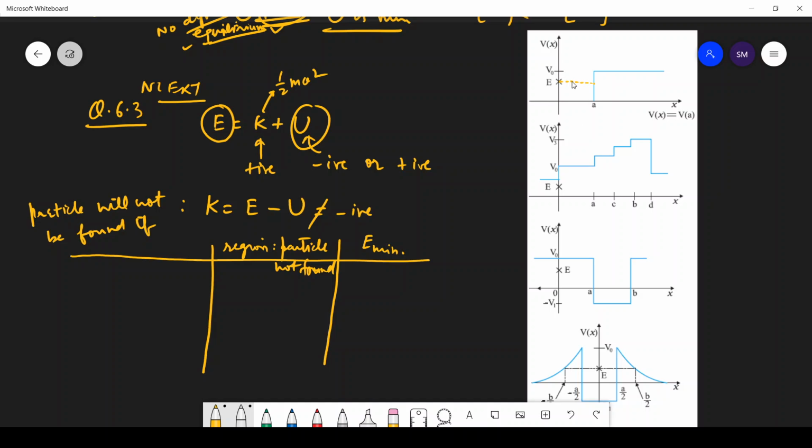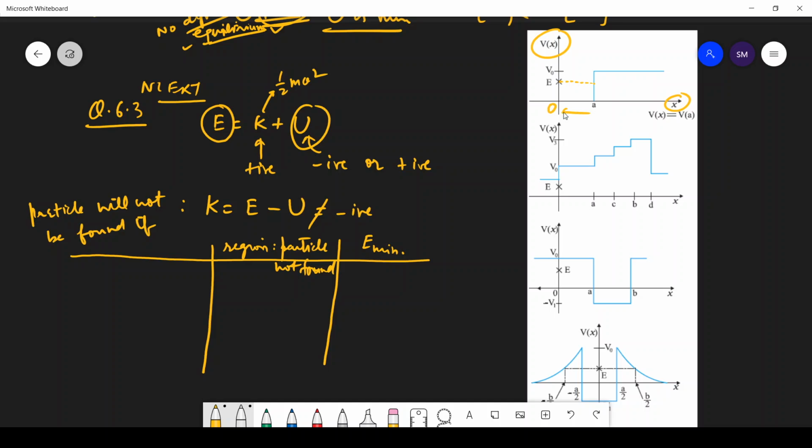So students, this is the x-axis position, this is potential energy, and this is the potential energy function, with the origin here. As x increases, I reach x equals a.